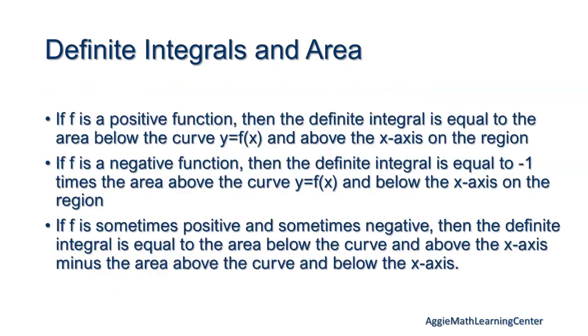We've already kind of talked about this. Well, actually, I haven't talked about this. If we have a function that is completely positive, it doesn't go negative at all, then that's going to be a completely positive answer. If it's completely negative, the area will be negative, because we're measuring the distance from our line to the x-axis.